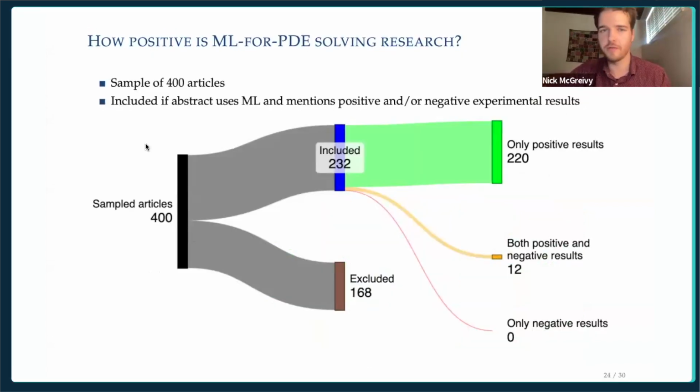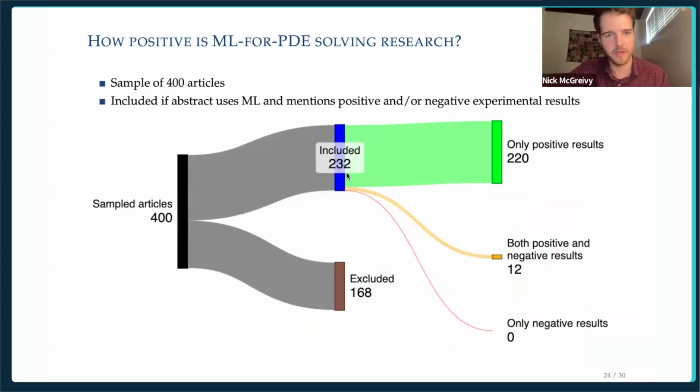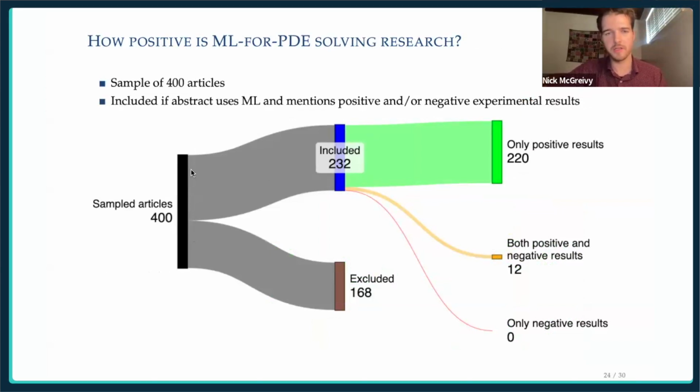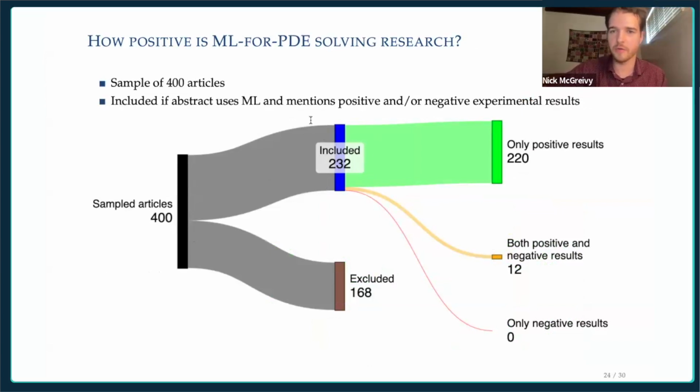How positive is the machine learning for PDE literature? I tried to estimate this. I don't have time to talk about the details of how I did this, but basically I looked at 232 papers whose abstracts mentioned positive and/or negative experimental results. I tried to sample them using Google Scholar.